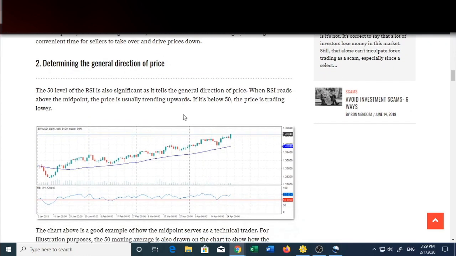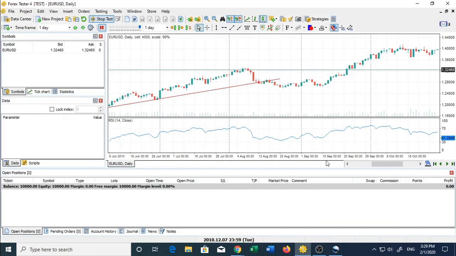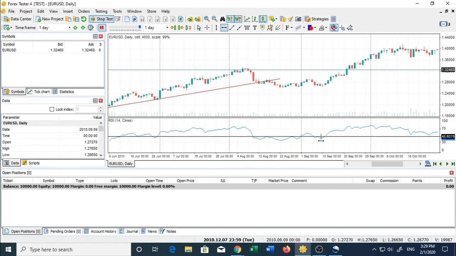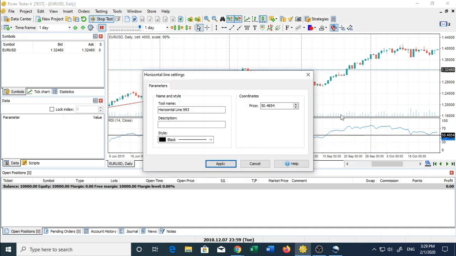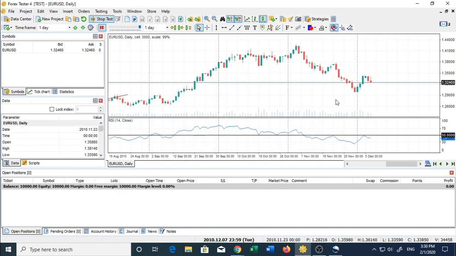The second one is for determining the general direction of price, and for this we have to make use of the 50 level of the RSI. So it's not just the 30 and the 70, we can also use the 50 level. Okay, now the 50 level on the RSI graph tells us where the general direction of prices is.